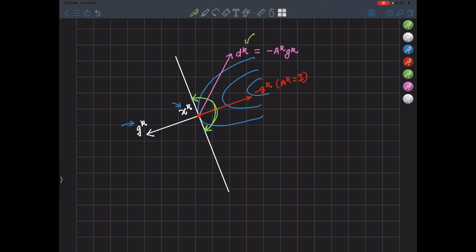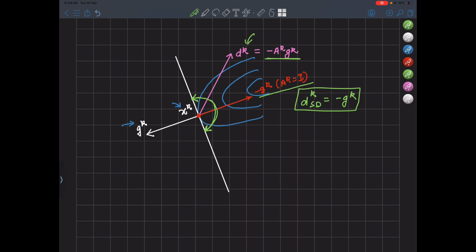So for example a dk, and it can be represented as minus Ak gk, where Ak is a symmetric matrix. Now a special case is the steepest descent direction, in which Ak is an identity matrix and dk is given as minus gk, and this is called steepest descent.